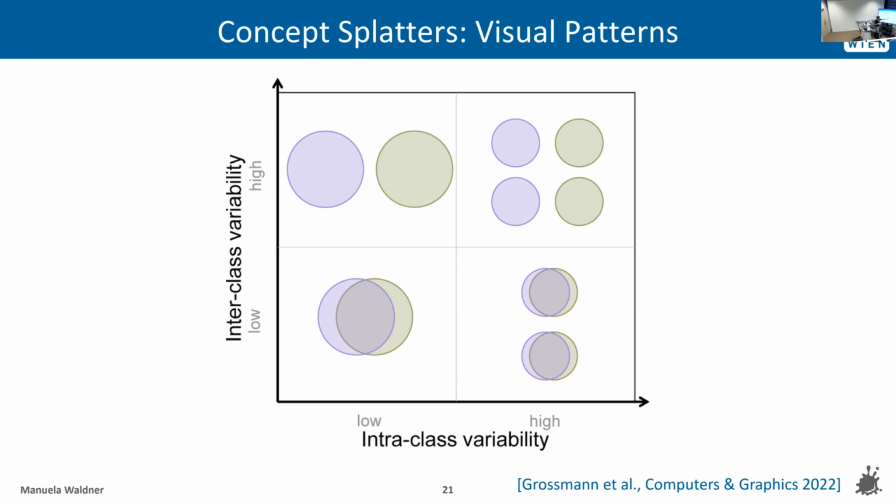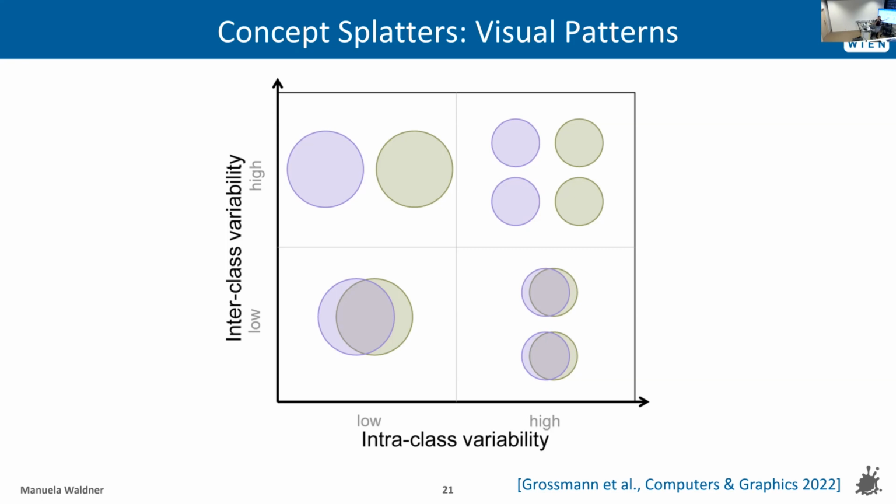This case here would be high interclass variability. We can separate the classes, but at the same time, we also have a high intraclass variability. So within the classes, the machine sees fine-grained distinctions that we would expect. And the worst case would be low interclass variability and high intraclass variability. That would mean that the machine sees a completely different categorization than I would expect.